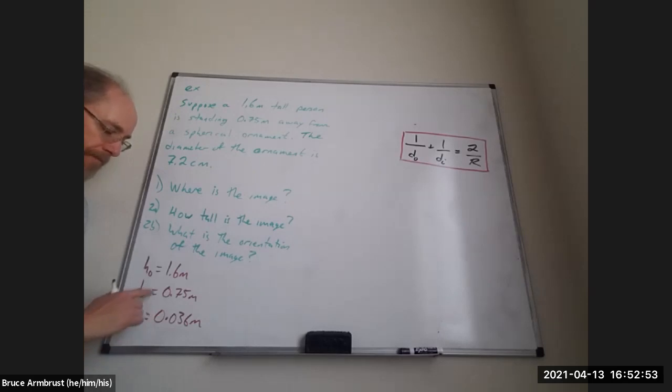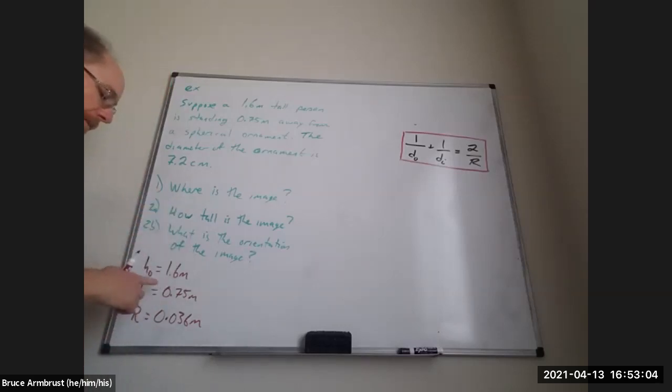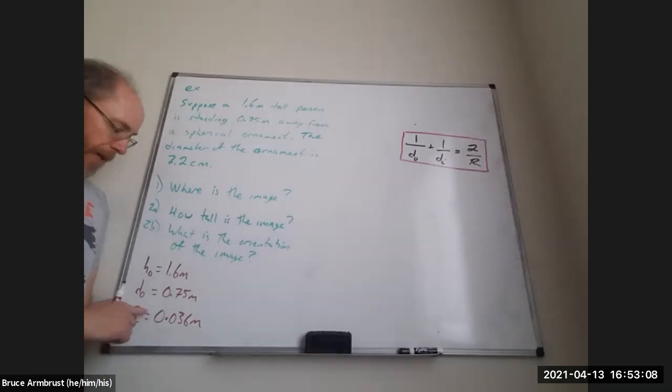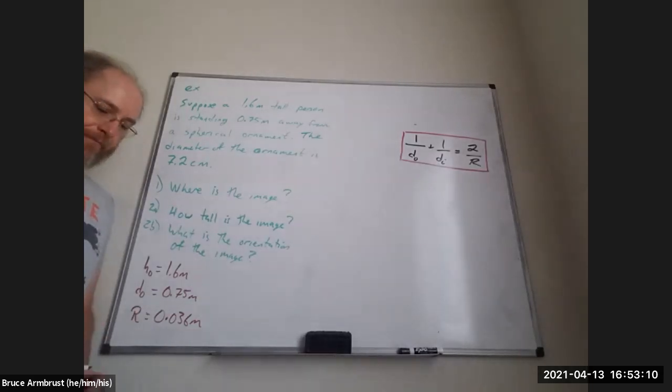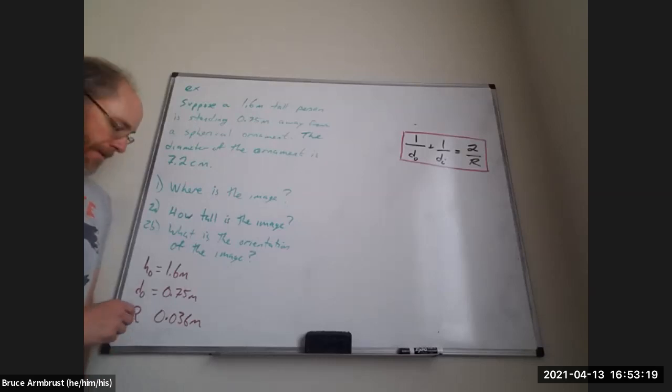But let's think about pluses and minuses here. So the object, since it's a real object, since it's a person in front, we know that HO and DO are positive. What about R? Is R positive or negative? It's negative. All right, so Bradley says negative. What do the rest of you guys think?